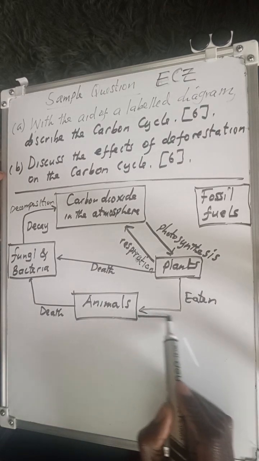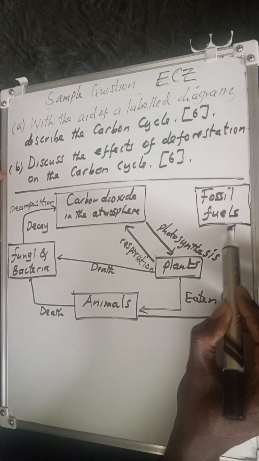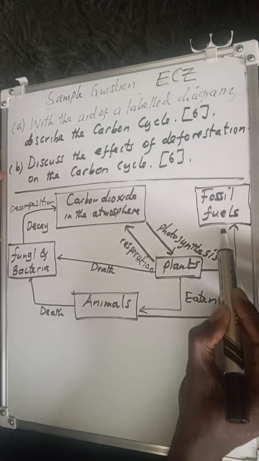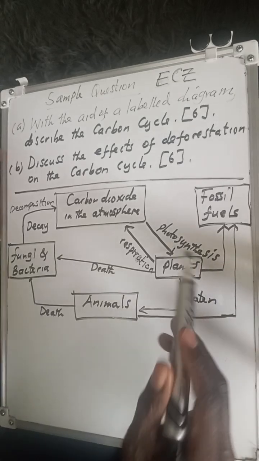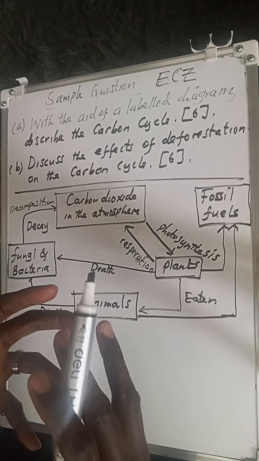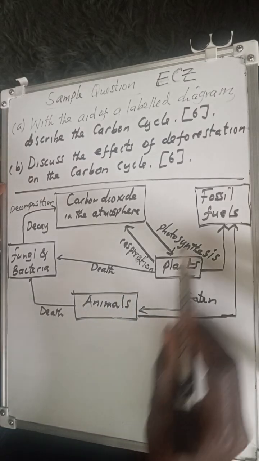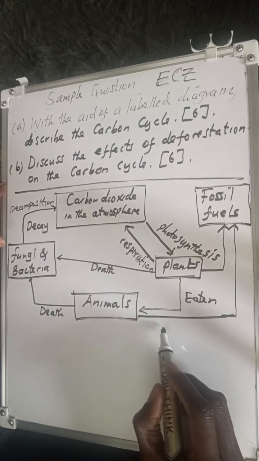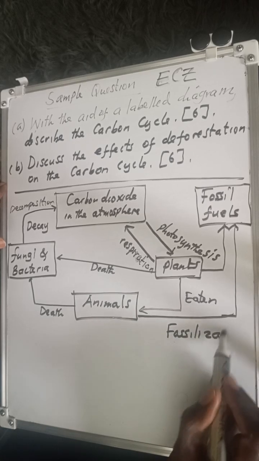Like I mentioned, when animals die and when plants die, their remains can be converted into fossil fuel. So at high temperature and high pressure over a long period of time, the remains of both plants and animals can be converted into fossil fuel, and that is what we simply call fossilization.